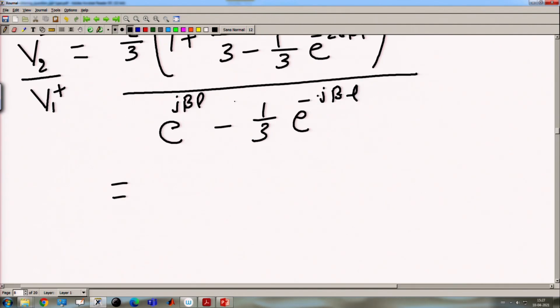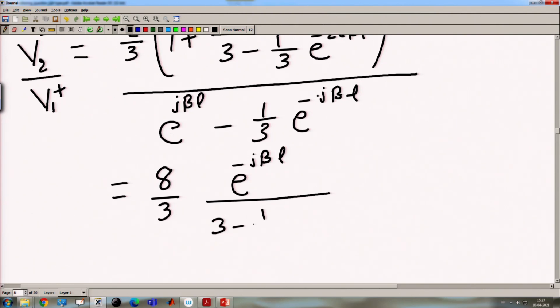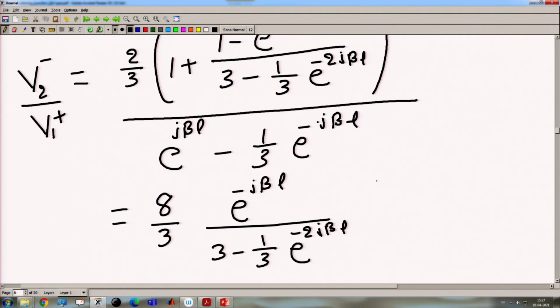so it can be solved. So, this will come 8 by 3 e to the power minus j beta L divided by 3 minus 1 by 3 e to the power minus 2 j beta L. So, this is V2 minus divided by V1 plus, that will equal S12. And this is S21, because this is symmetrical.